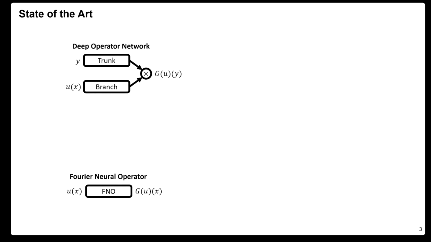There are many of those, and I thought I might mention the most common ones so that you have heard the names. There are the operator networks. These are machine learning models that learn an operator in the mathematical sense, so these models transform a function to a function.